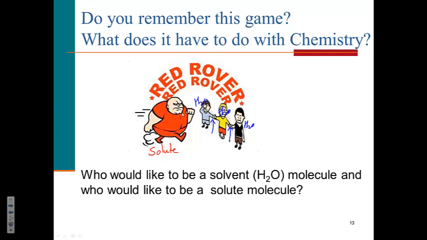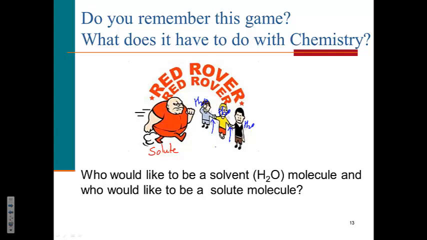So we show this big bruiser, maybe he's like an 8th grader coming in to beat up his little kindergartners. But the interaction now that this solute particle has is going to hold onto those waters a lot tighter. So we have the solute-solvent interaction. The water is the solvent.